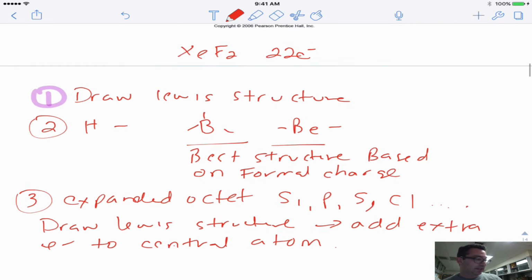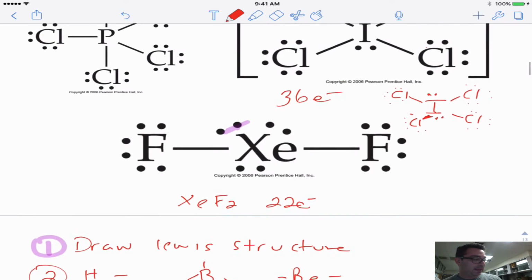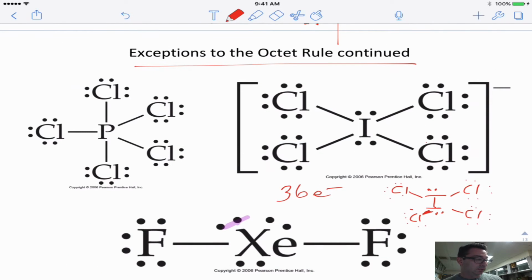And so we saw that in the example here with xenon, where we had to add 2 extra, and with iodine, where we had to add 4 extra. You could have something where you have phosphorus connected to 5 chlorines. All 5 chlorines will be attached to the phosphorus. They won't be where there's a chlorine attached to another chlorine.